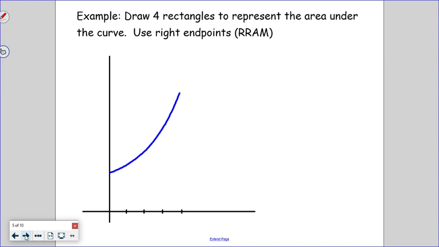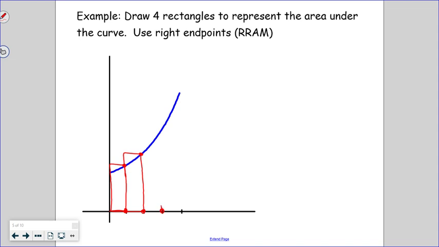This represents the base of one of our rectangles, and it says RRAM, which means use the rightmost point of this base, follow that up to your curve, and once you hit your curve, you can complete the rectangle. Again, use the rightmost point, follow that point up to the curve. Once you hit the curve, draw in the rest of your rectangle.